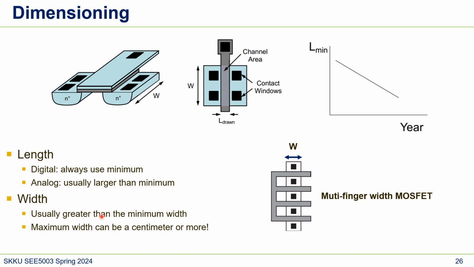It's larger than that, but it also has a huge difference, as I said before with length. Maximum width can be centimeter size. So a centimeter is a huge thing.